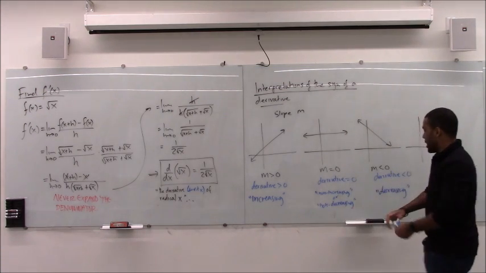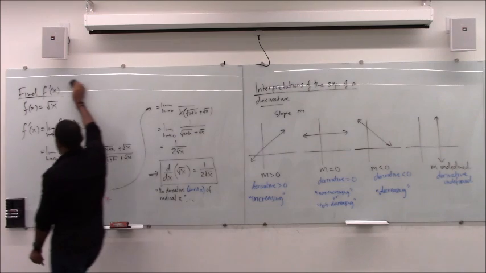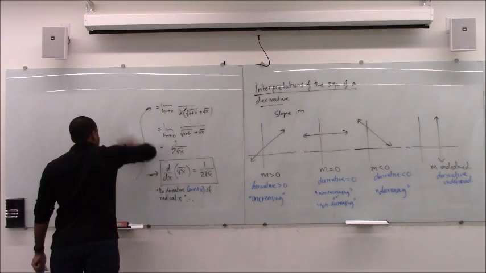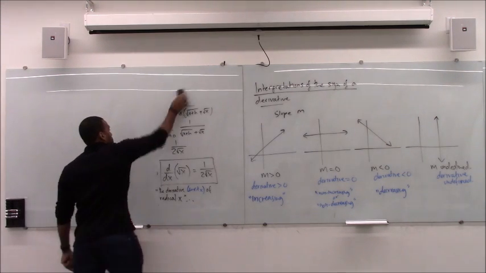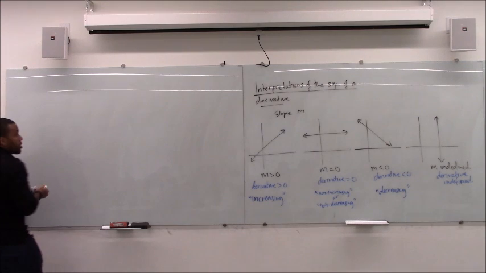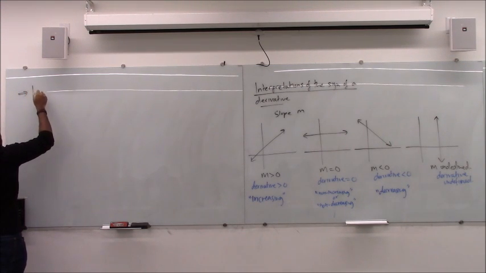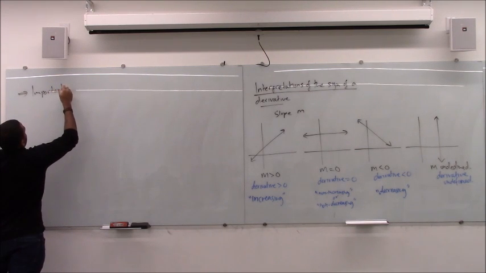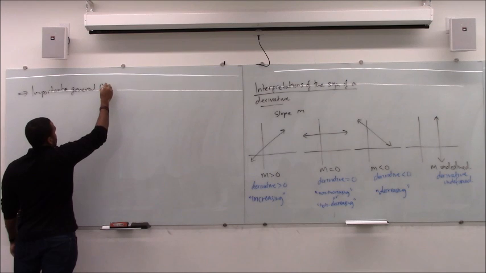Right? But that kind of leads to an important interpretation. Whenever your derivative is positive, that means, so this leads to an important general fact, right? It doesn't just apply to straight lines.